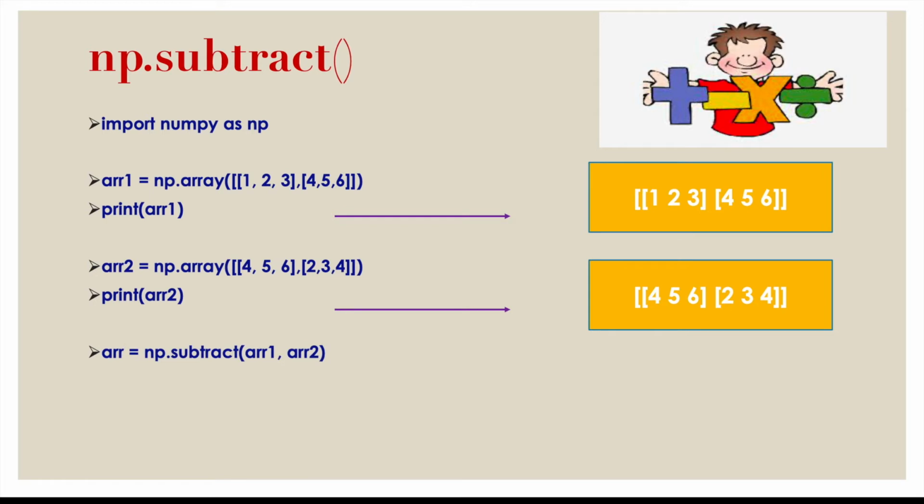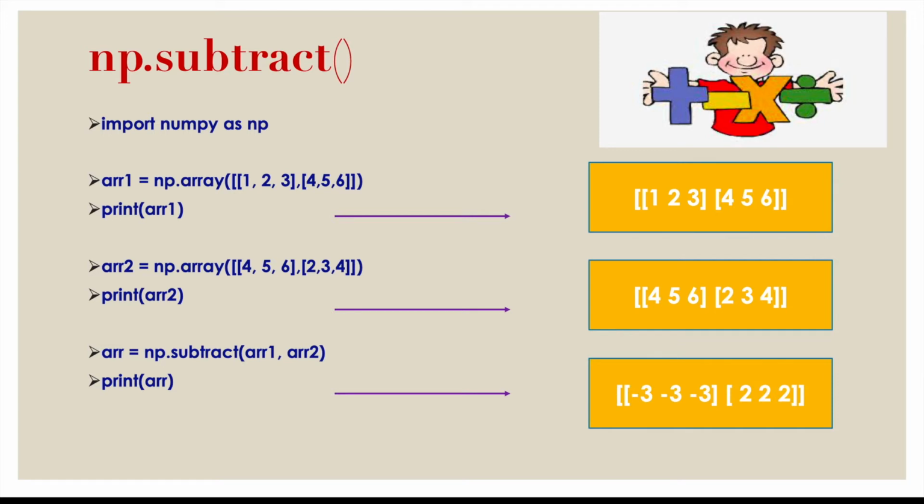Now we want to subtract these two arrays. We want to find out the difference. We call the np.subtract function and pass these two arrays as its arguments. When we print this array, we are going to get the difference of each element at the corresponding position of the two arrays which we want to subtract. Again here, the first element, that is the element in the first row, first column of array1, is 1, and the first element of array2 is 4.